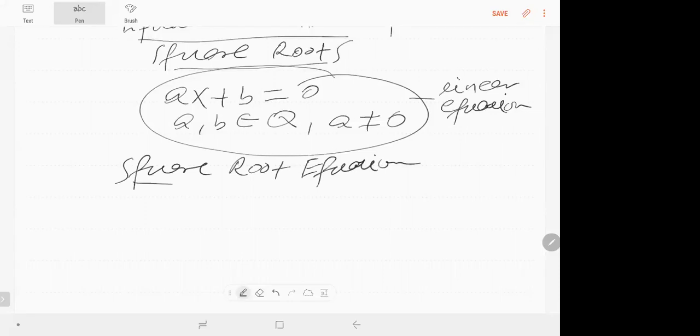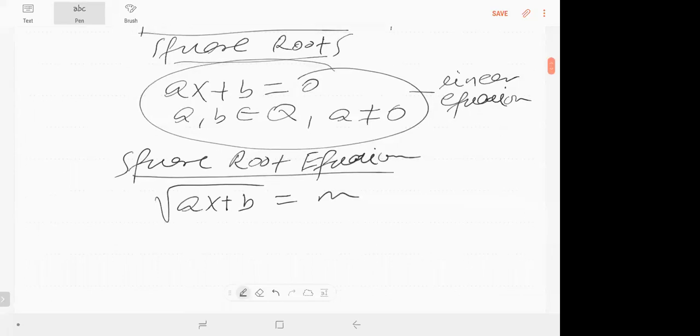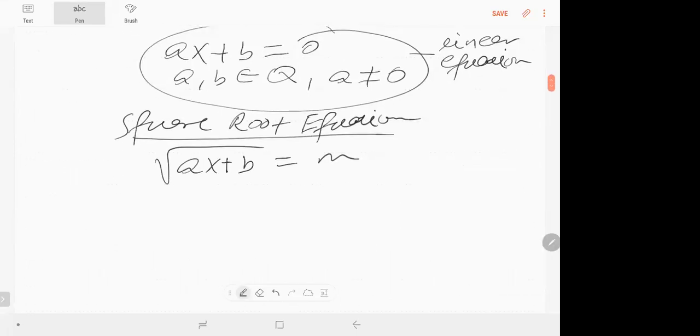Any equation that can be written in the form the square root of ax plus b is equal to m can be considered an equation involving a square root. There is also a restriction: m must be an element of the rational numbers, and a must be different from 0. If a is 0, the variable will be eliminated, so the equation fails.